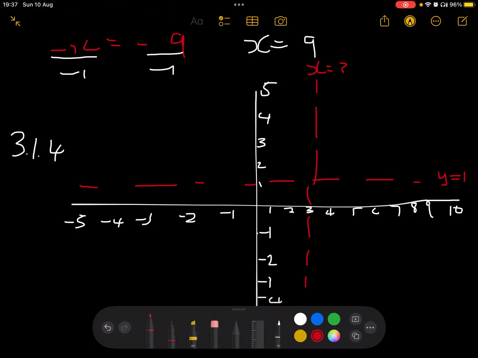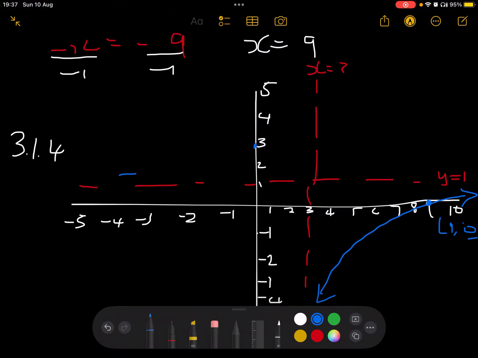The next thing is plotting the intercepts, the x-intercept and the y-intercept. We have 9, 0, so we can plot our 9, 0 and we write it down as 9, 0. And then we can draw the graph. And then we have 0, 3. And x is 0, y is 3.